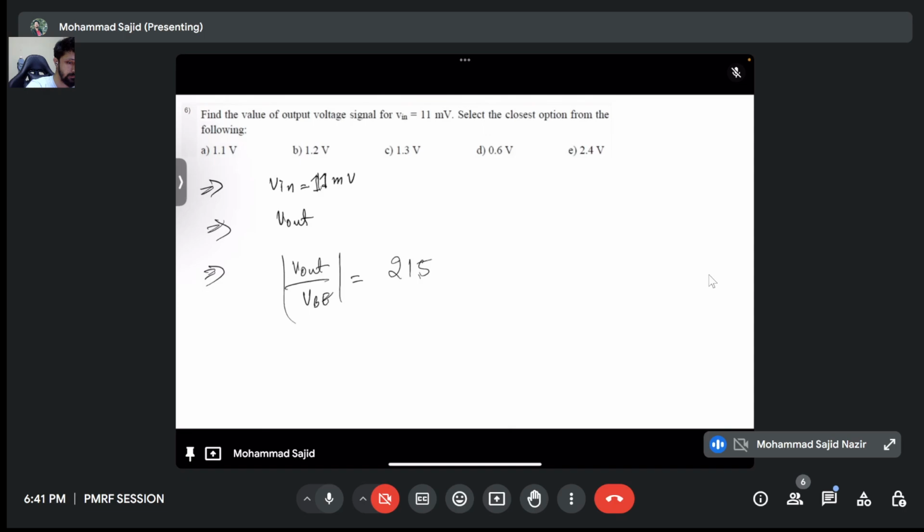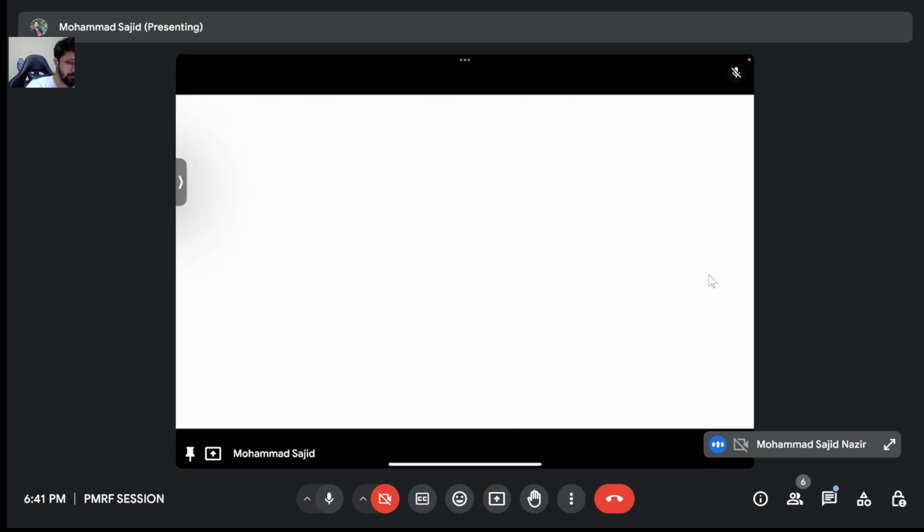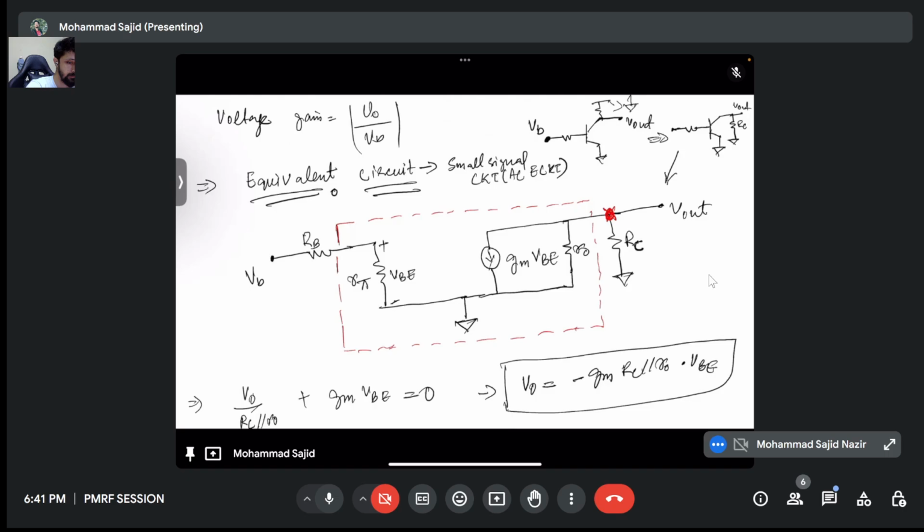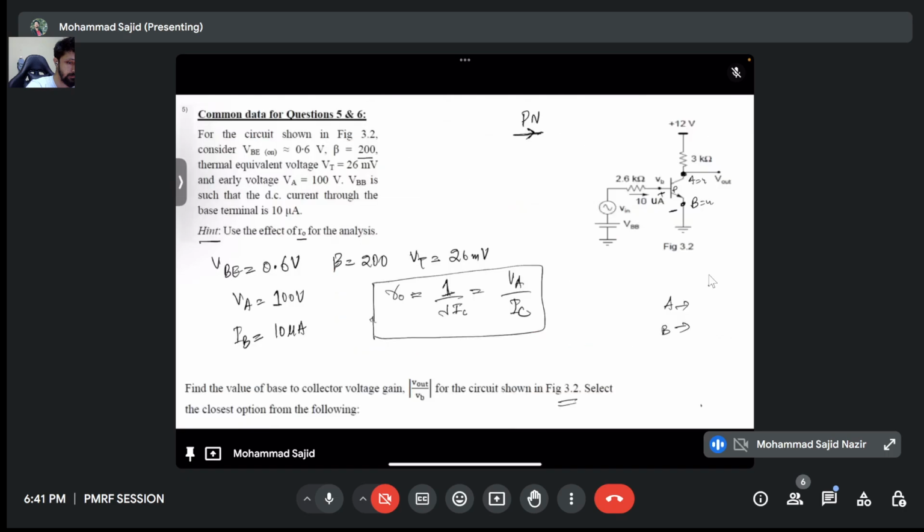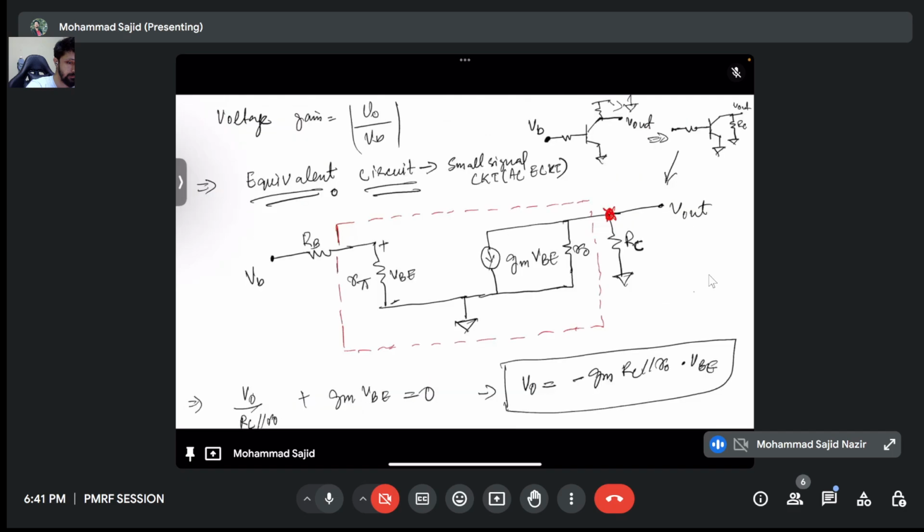So is this V in equal to VBE? Let me just show you the circuit. This is your circuit. Check V in and you have VBE. Can you write V in place of VBE? Or you can check from this figure.